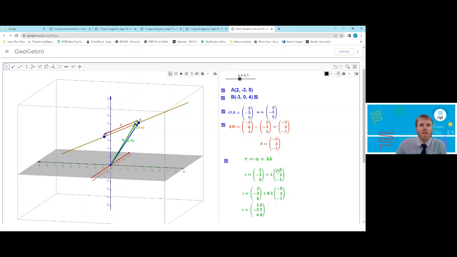The other point is that this here is a vector in the direction of the line. So it could be a multiple of this. We could change all the numbers here. We could change the sign on all of them. So I could turn that to a +5, -3 and +1. So you can get an answer that looks very different from the person sitting next to you in class, and you could still both have the same vector equation of a line.